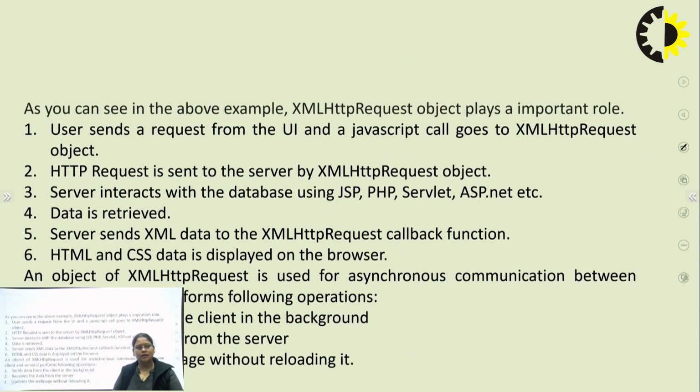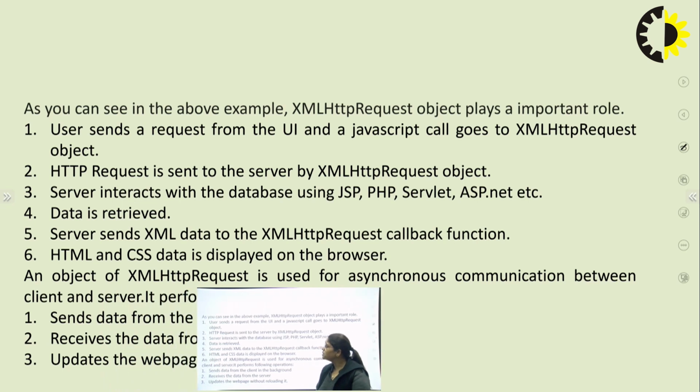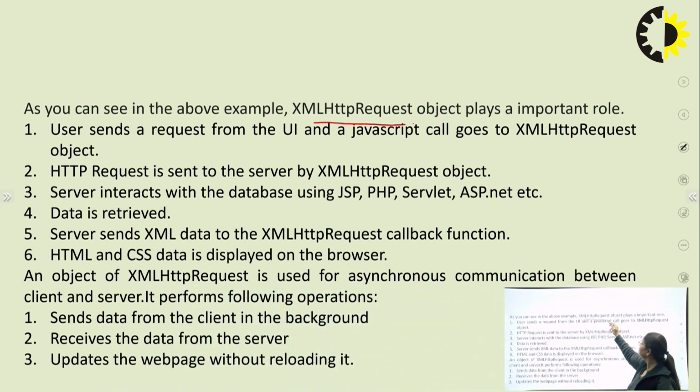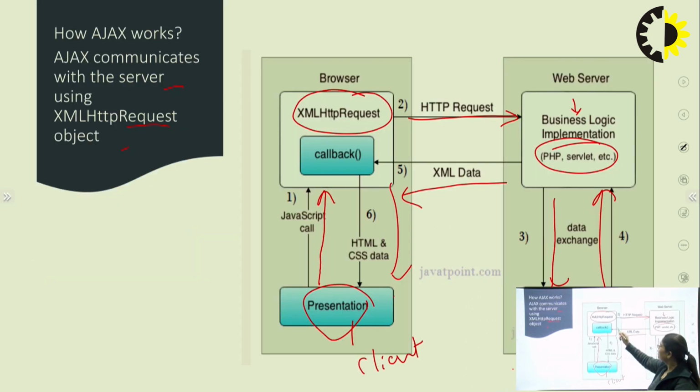These are the various steps that we have already discussed in this diagram. So first of all, as you can see in the above example, the XML HTTP request object plays an important role, because once we put the request on the client, the XML HTTP request is going to the server.